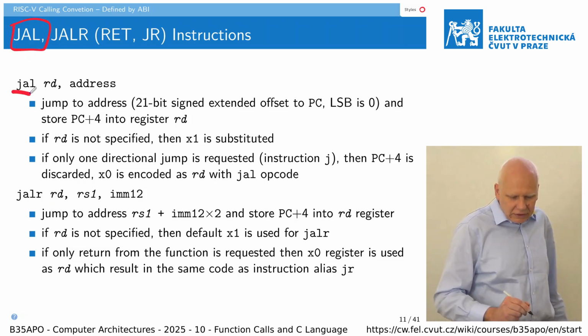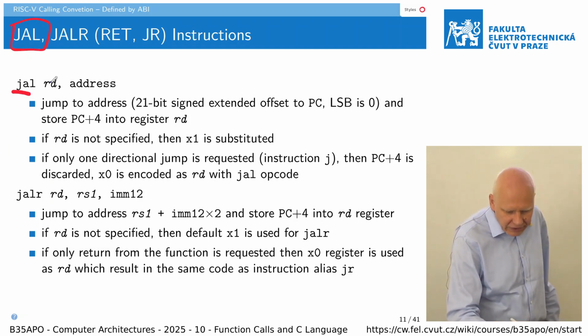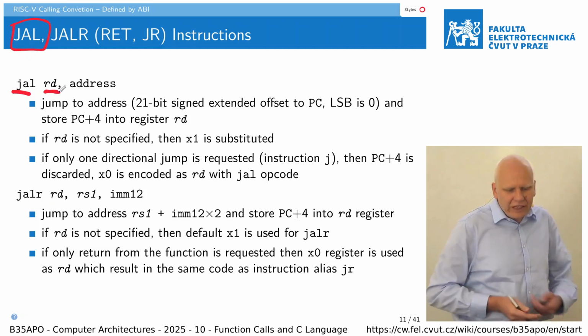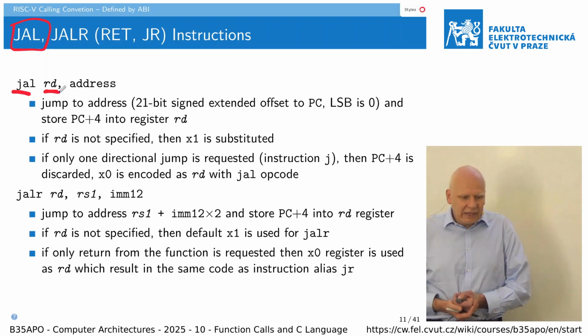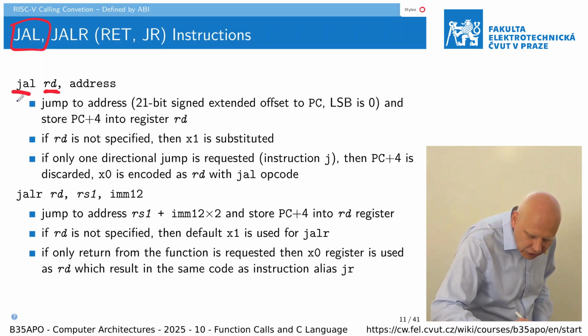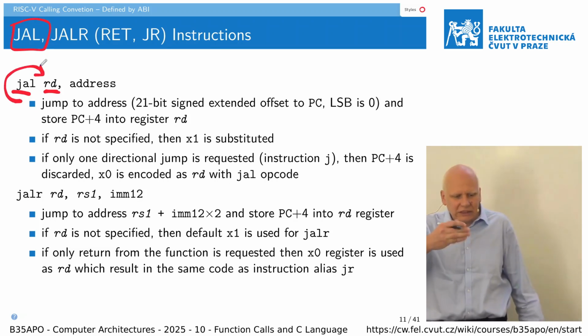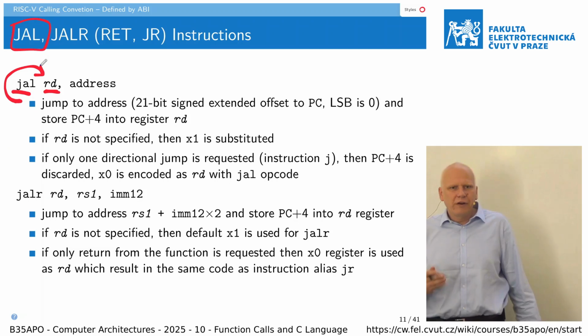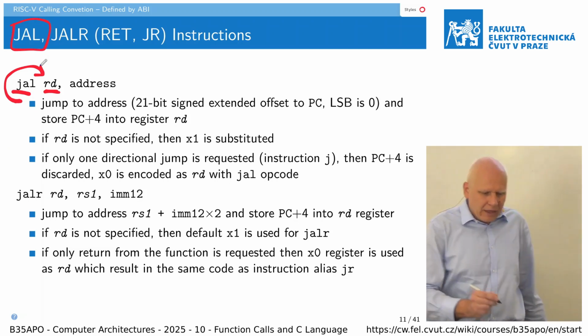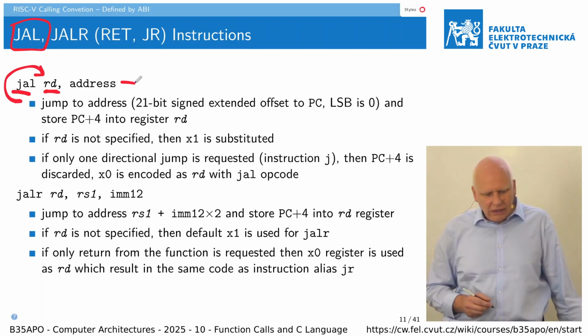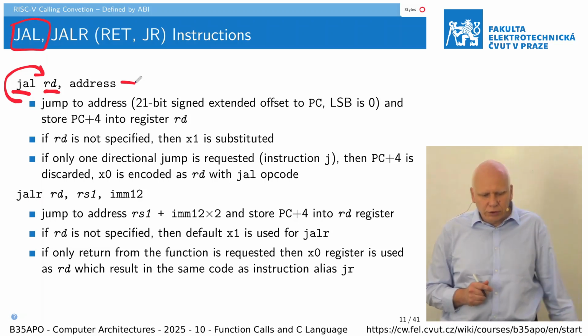So we start this operation. We can specify which register should hold the address of the instruction which follows the jump and link. So basically this is where we want to continue when the subroutine returns. Then there is the address where the start of the subroutine is.